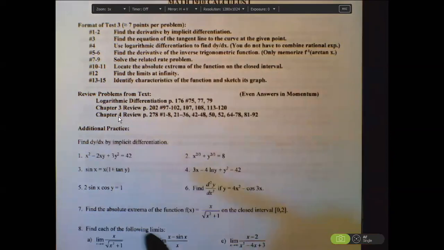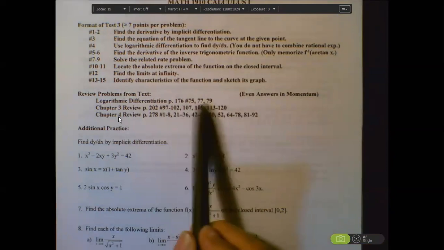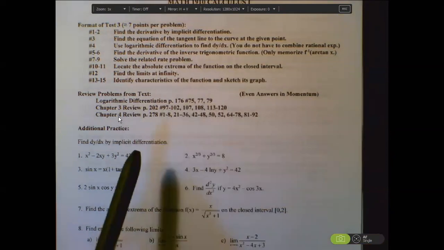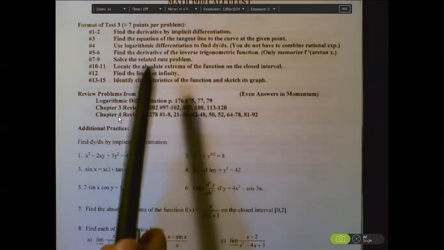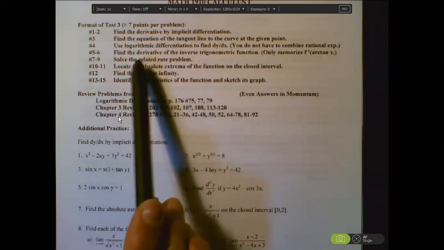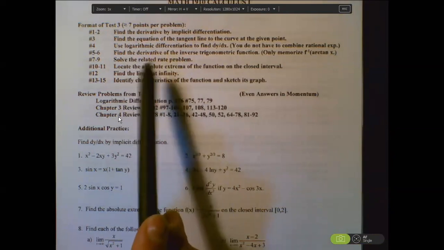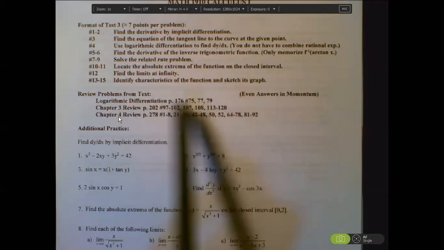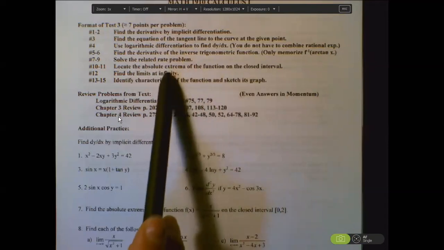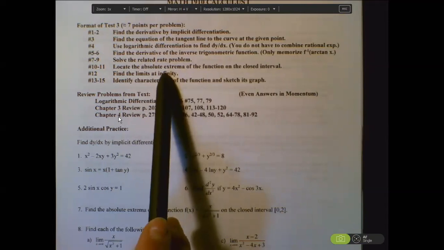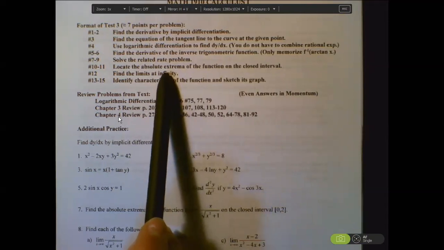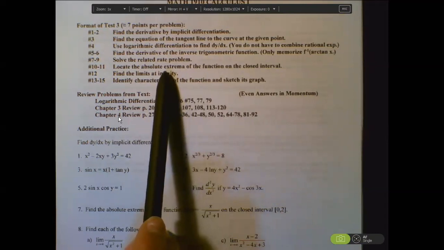There is one that you have to use logarithmic differentiation. And if you can do these 3 on page 176, you should be okay on those. There's, I think, 2 derivative of inverse trig functions, and it's open book. So you have your notes for the formulas if you need them. And don't forget, when you're looking for absolute extrema on a closed interval, you not only have to find the y values for the critical points, but what else could be the absolute extrema on a closed interval other than the critical points?